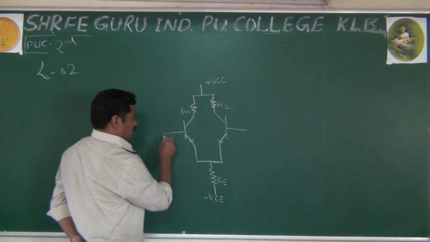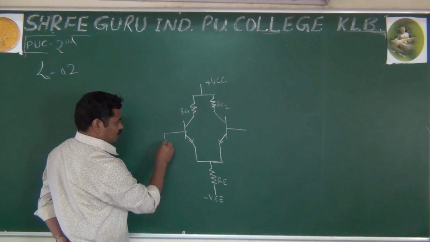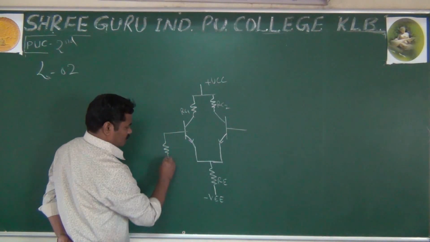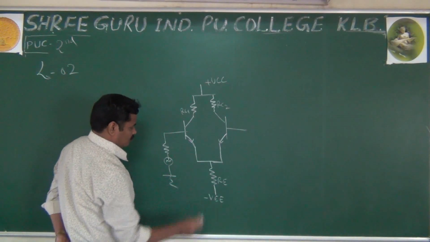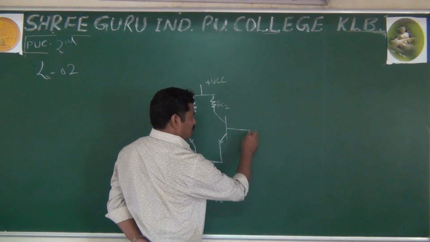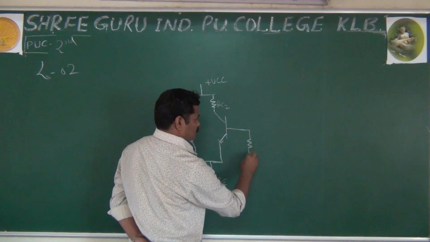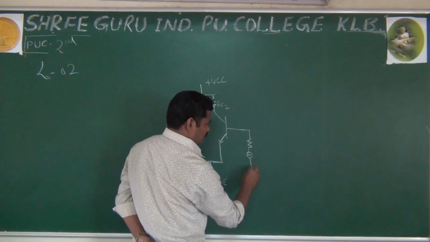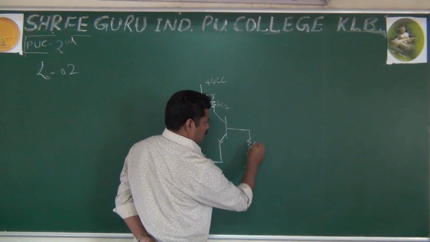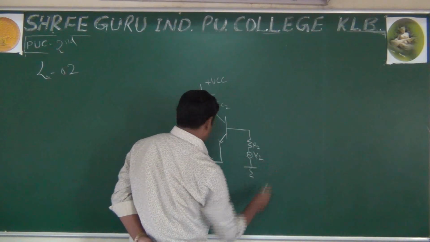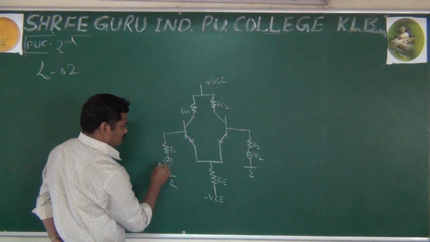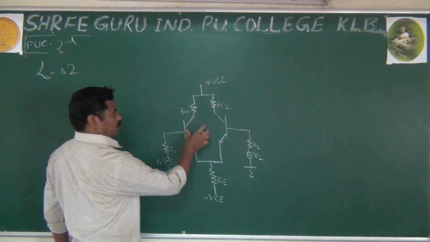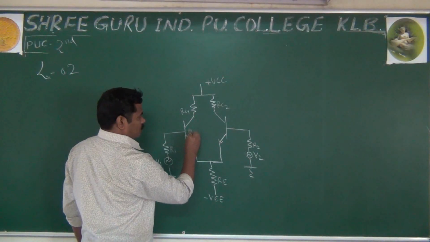Here we will apply the two inputs. This is the simple diagram of your Q1 and Q2.